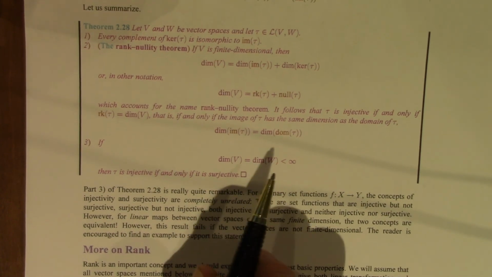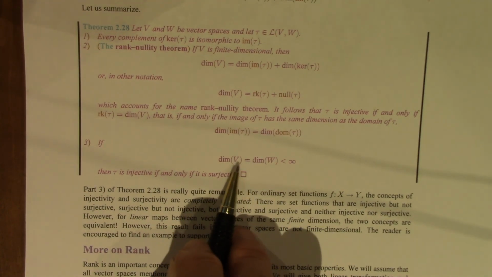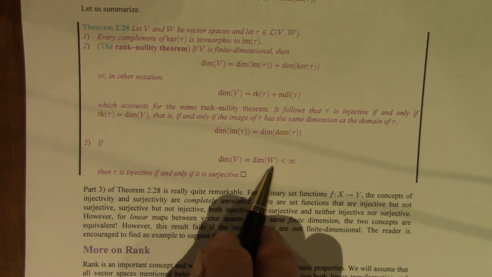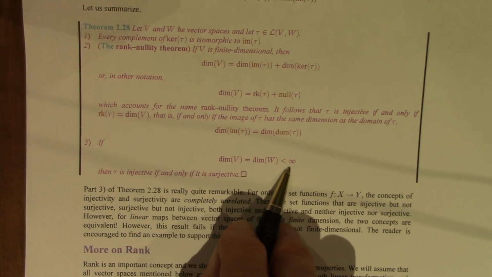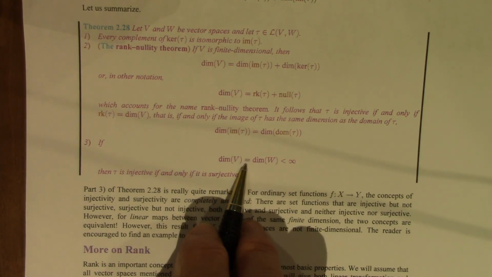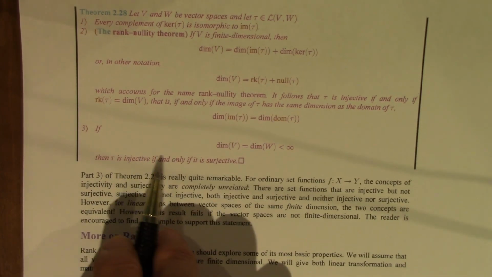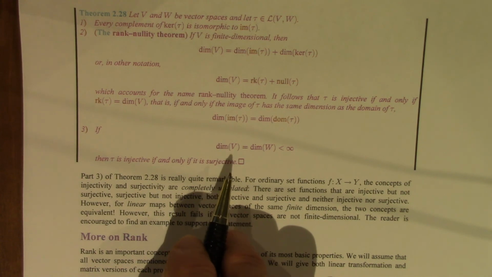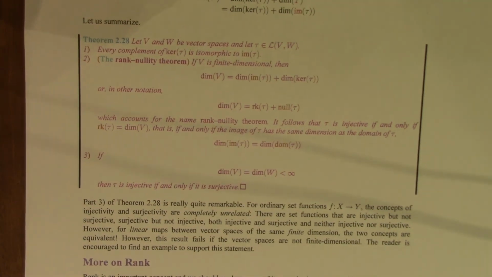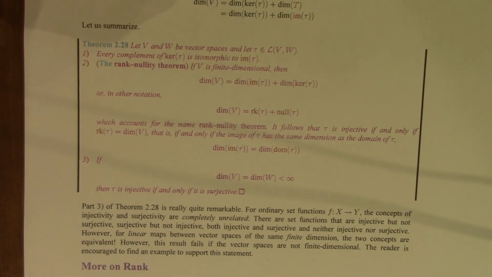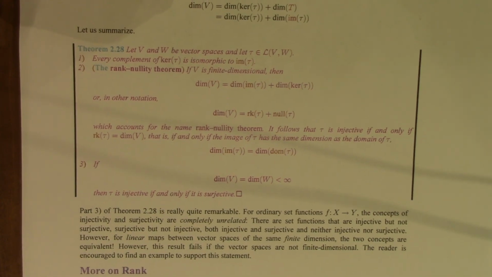In particular, and this is the most important case, if V and W have the same finite dimension, it must be finite, if they're equal dimension, then tau is injective if and only if it is surjective. That follows from the Rank-Nullity Theorem. And that's quite amazing.